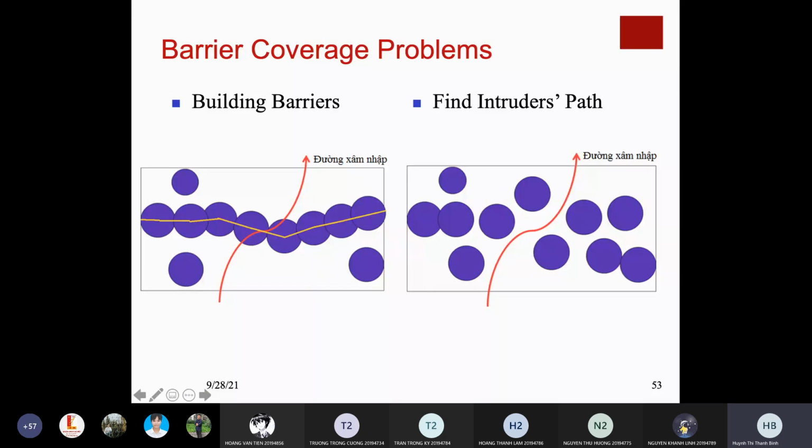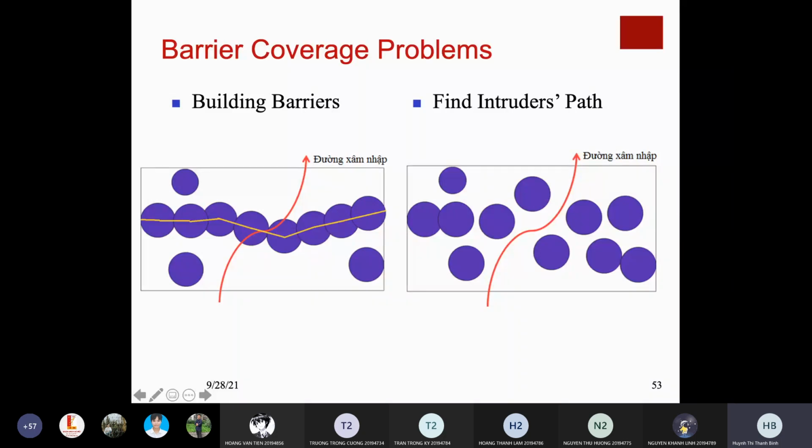How do you put the sensors so that if an intruder goes across the border, he or she can always be detected by a camera or a sensor? You have to put the sensors so that there is no gap for the intruder to go across the border. That is the first problem.